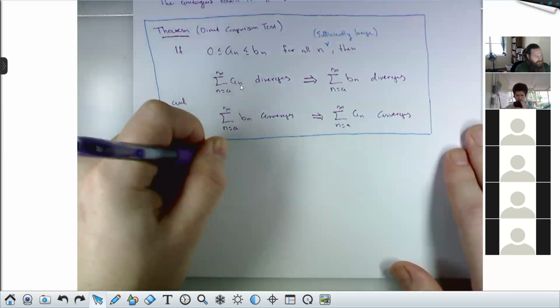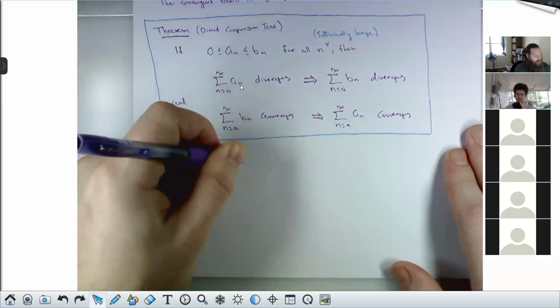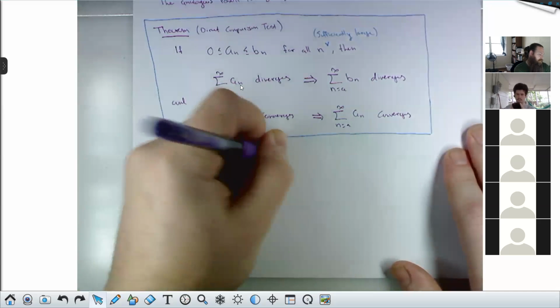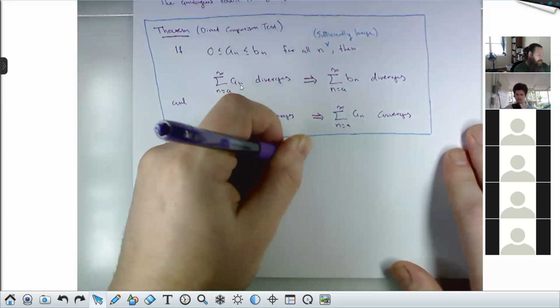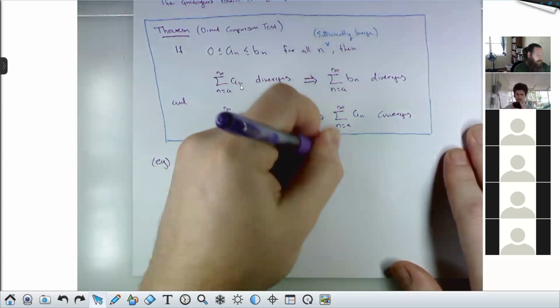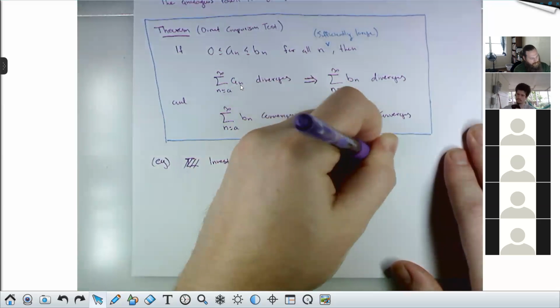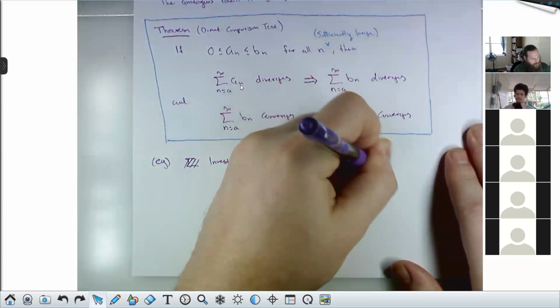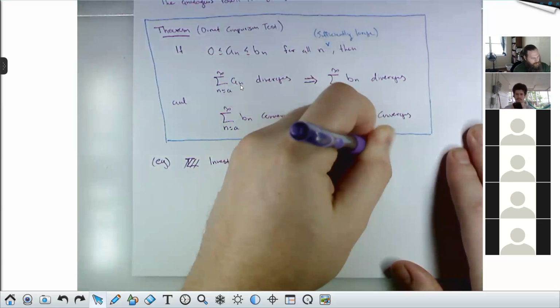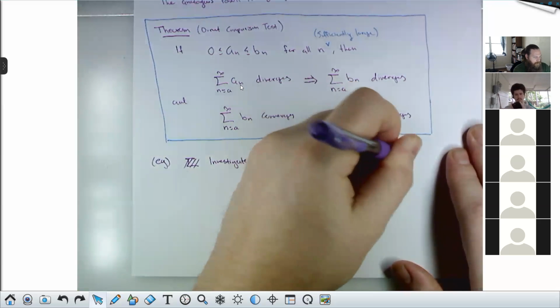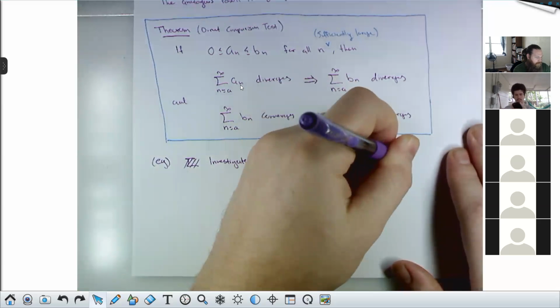Investigate the convergence of the series S equals the sum over k from 2 to infinity of k over the natural log of k.